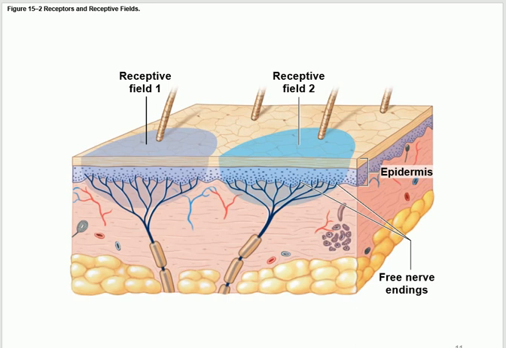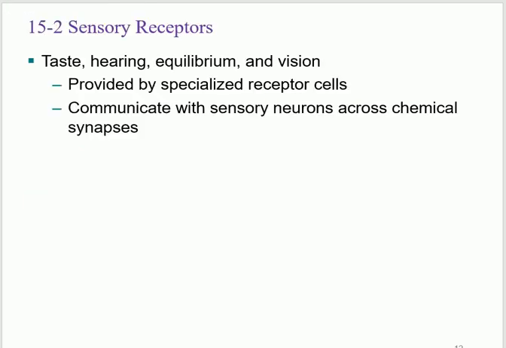Here is one receptive field. Here is one receptive field. This is a little bit bigger than this, so this will be less accurate, less sensitive. These are the special sensory receptors: receptors for taste, hearing, equilibrium, and vision.